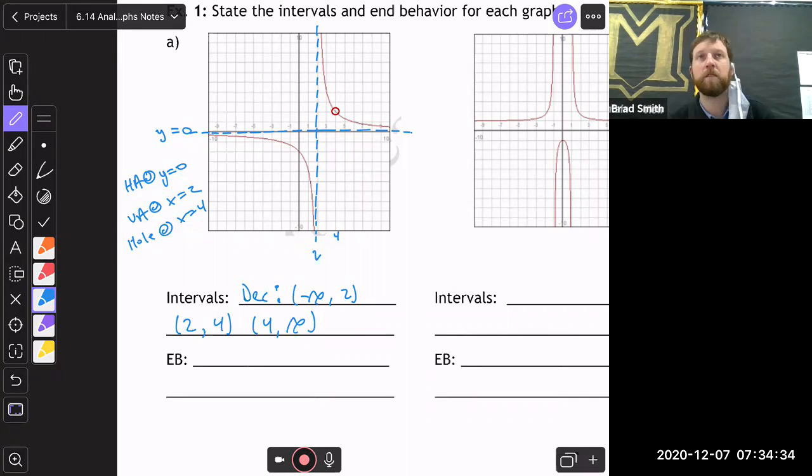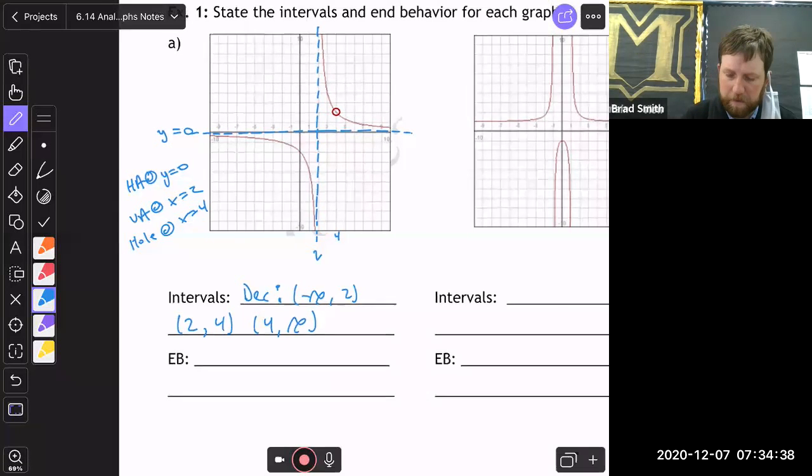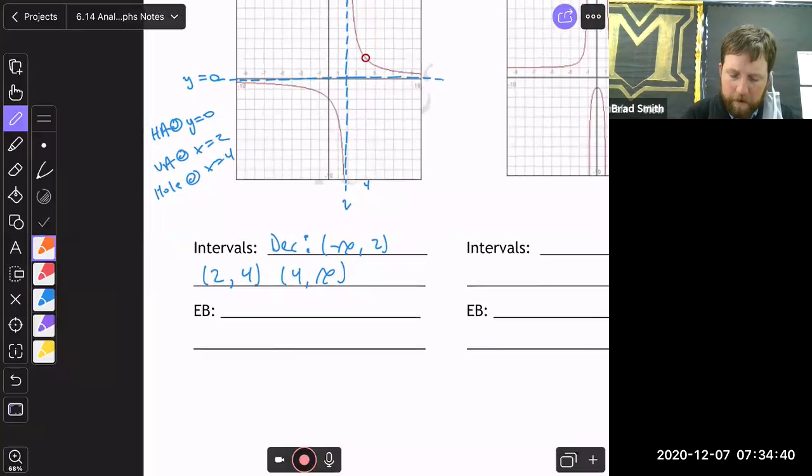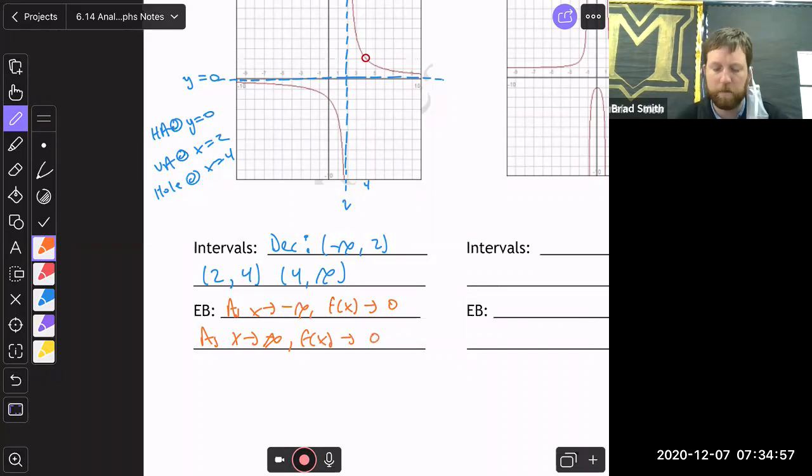Okay. So intervals are going to look at your asymptotes mainly. Now, end behavior always approaches the horizontal asymptote. So as x approaches negative infinity, my f of x or my function's going to approach 0. And as x approaches positive infinity, my function's going to approach 0 here as well.